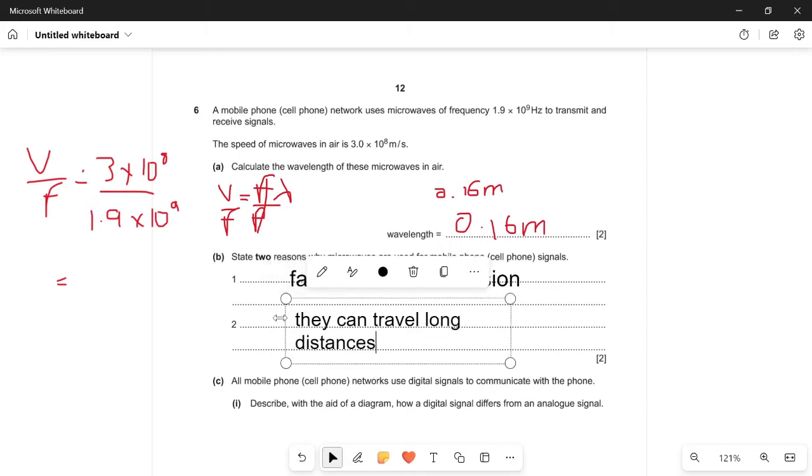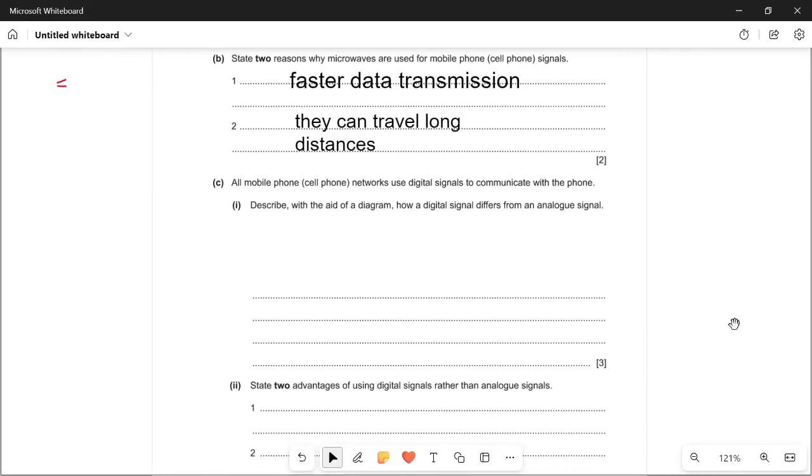C. A mobile phone network uses digital signals to communicate with the phone. Describe with the aid of a diagram how a digital signal differs from an analog signal. So first let's draw the diagram to make it easier. A digital signal has only two values, 0 or 1, off and on, true or false.